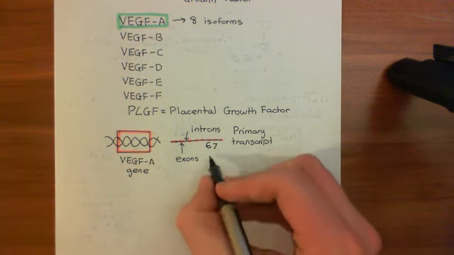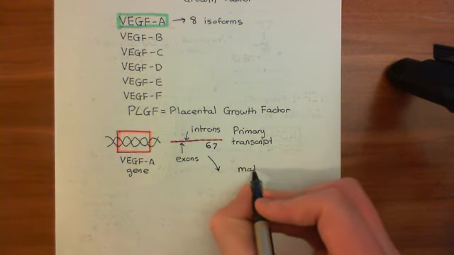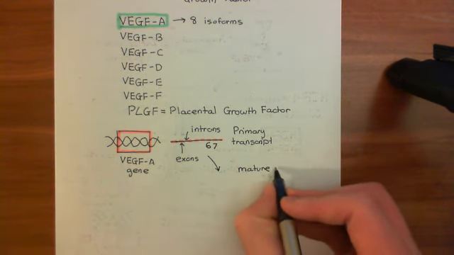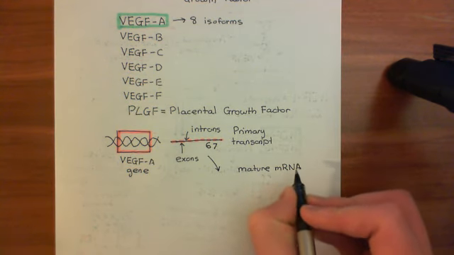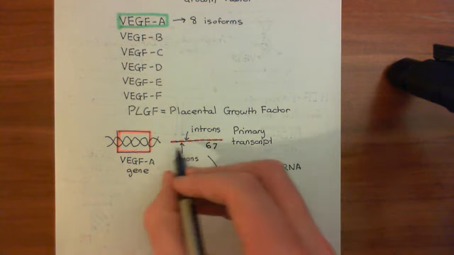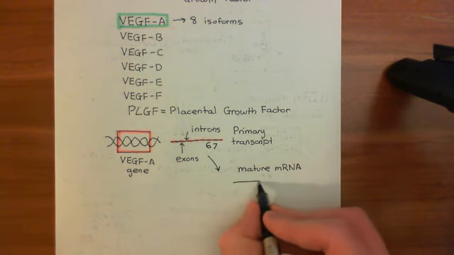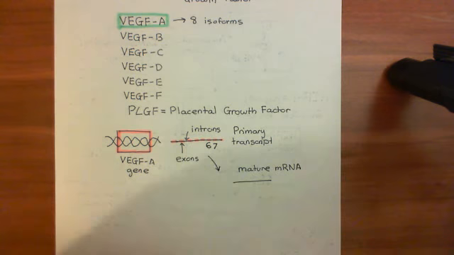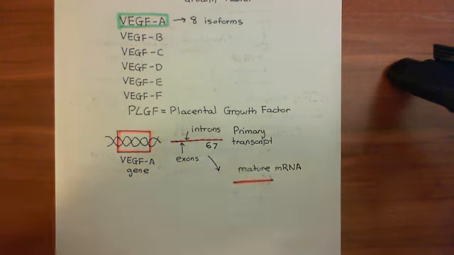And when you finally do produce a piece of mature mRNA from this primary transcript, which you get by sticking together the bits of the exons that you want to use, and I should state that most of the exons are essential, you'll need them, but for 6 and 7 you have many different splice variants. So you've now stuck your exons back together and you've just got a full piece that you're going to use for translation now.